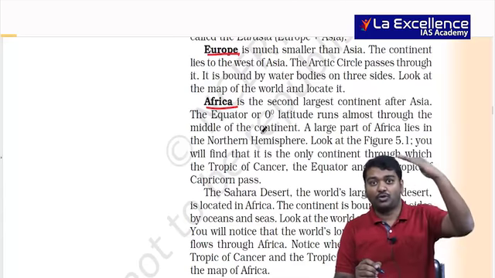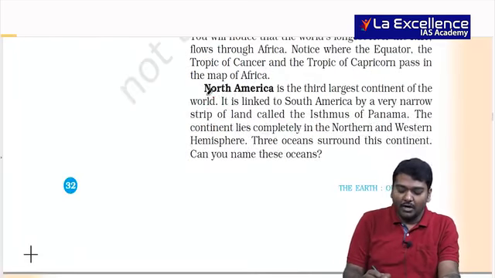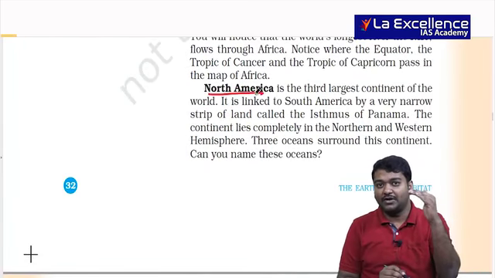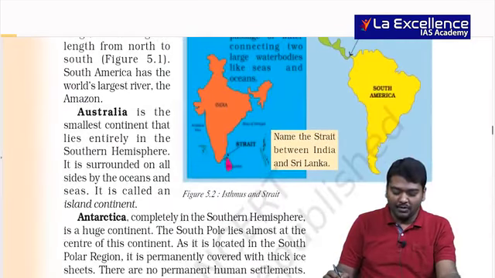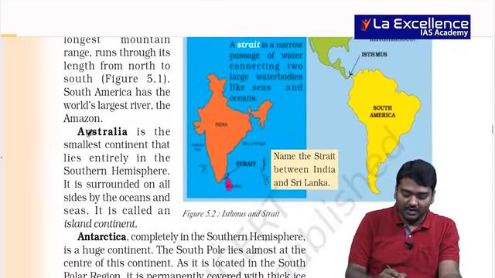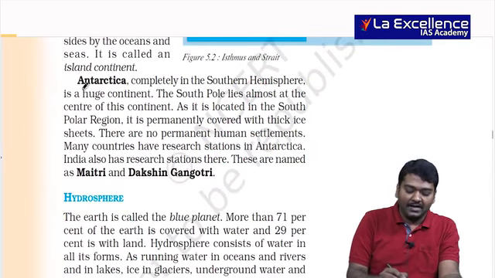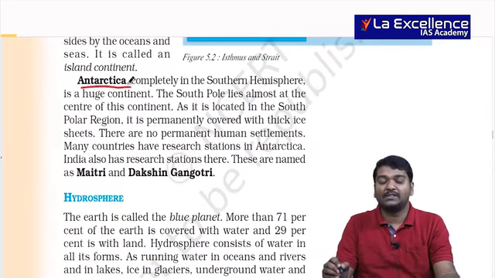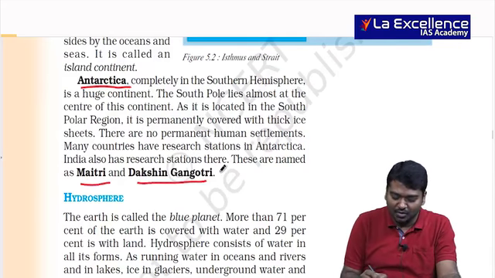That is, Africa is present in the torrid zone. Then North America, the 3rd largest continent, mostly above the equator. South America, below the equator, Amazon is important. Australia is an island continent. In Antarctica, people are not present, but some scientific research takes place, for example, Maitri and Dakshin Gangotri.